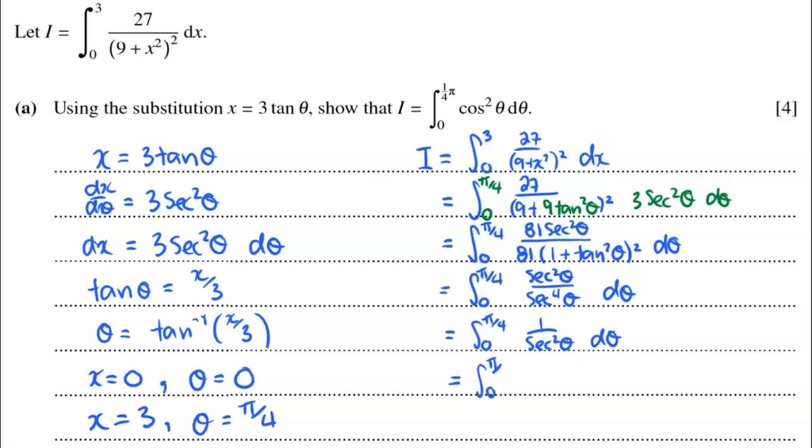So the whole equation becomes 1 divided by 1 over cos², which is cos² over 1. And so that just turns into cos²θ dθ, which is what we had to show.